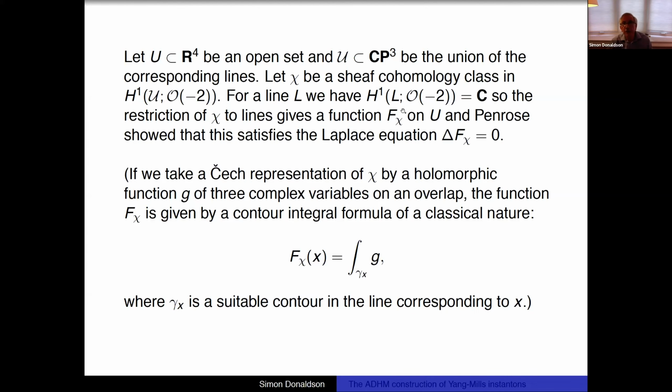So for a line, the H1 of O minus 2 over a line is just one-dimensional. So in this situation, we can identify it with the complex numbers. So the restriction of this sheaf cohomology class to lines gives a function on U.